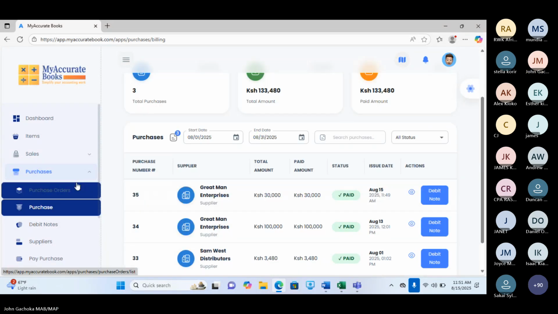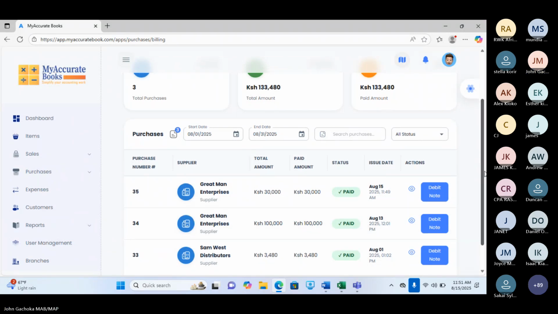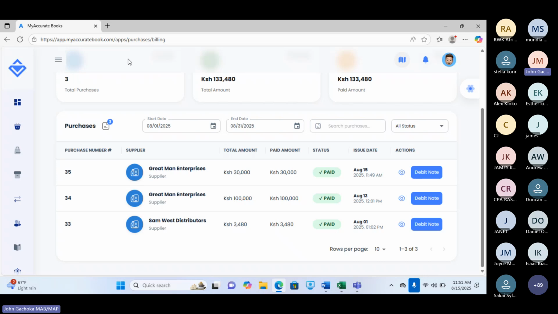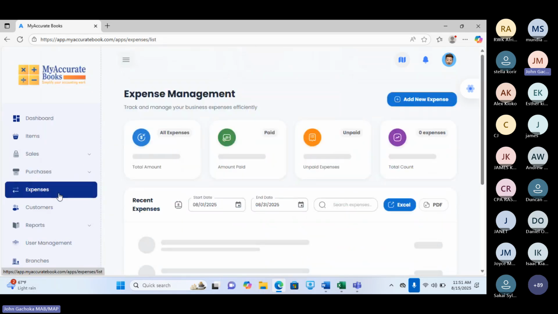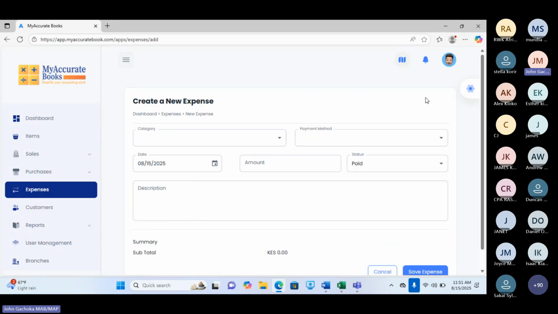Now, we are almost getting to the last bit of it. So before you get to reports, there are expenses. I know in any institution or organization or company, there are vote heads every now and then.